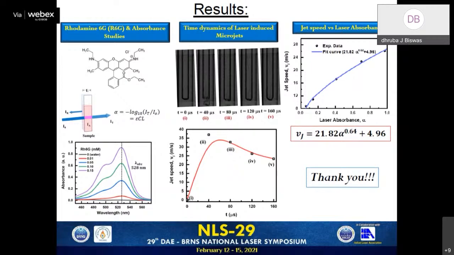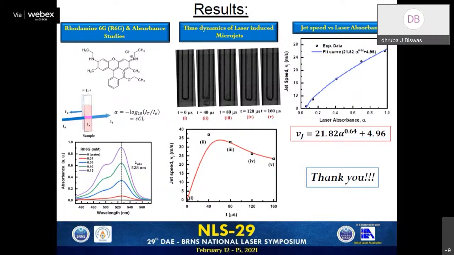And here we have also tried to provide a mathematical correlation between the laser absorbance and hence the jet speed. Basically, the applicability of this work is very helpful in order to achieve a broader prospect of desired penetration depth targeted drug delivery systems.